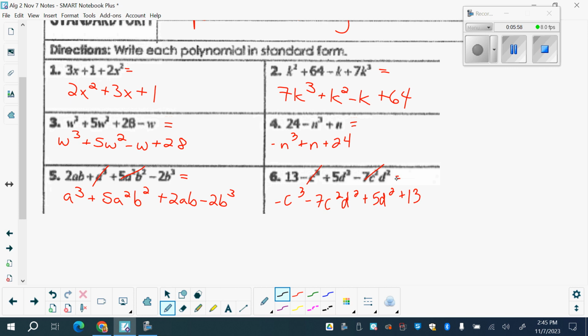Okay, so now we're going to talk about naming polynomials in terms of their degree and number of terms. Anybody still looking at this up here? So we need to talk about the word degree and what degree means.